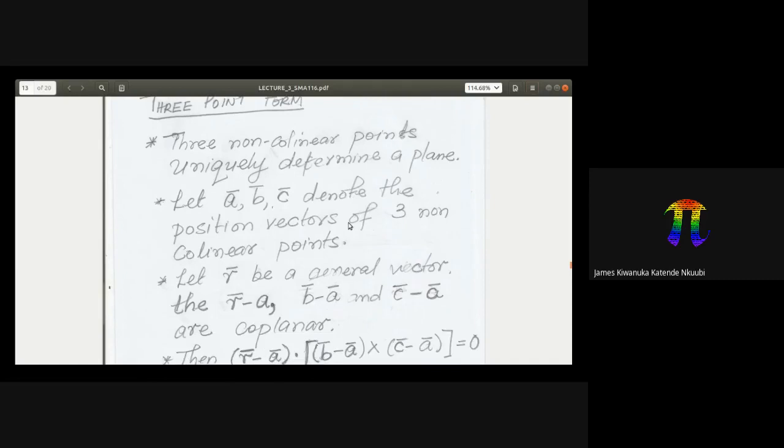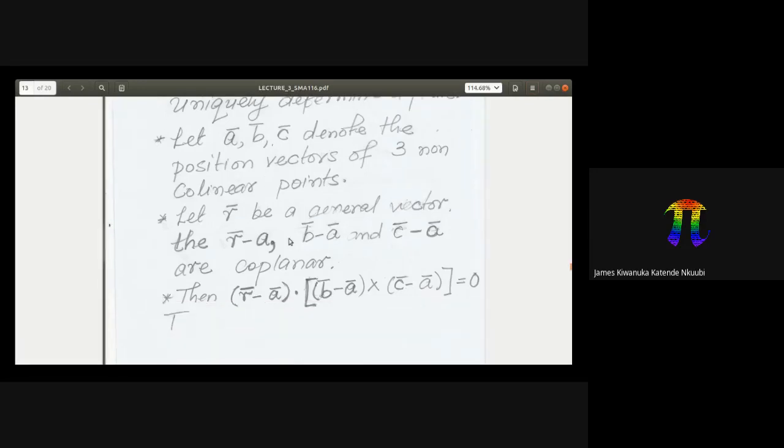Using that property, we can denote the position vectors of the 3 points as A, B, and C. Now, if R is any other point on the plane, then these 3 vectors, R minus A, B minus A, and C minus A, will be on the plane.